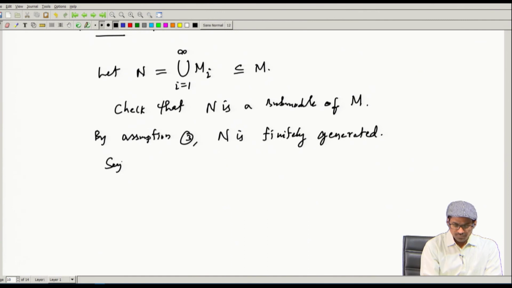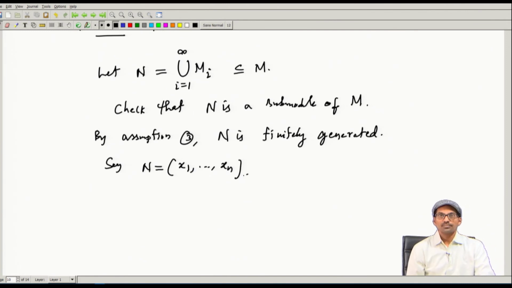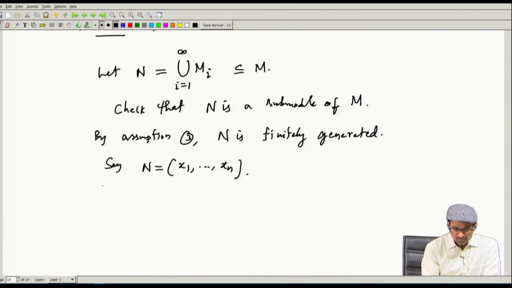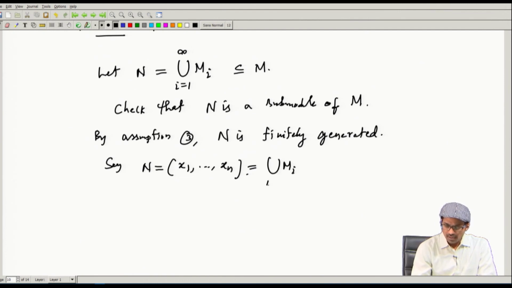Let us say N is generated by x1, x2 and so on, xn, for some xi's belonging to N. Now see, all these, N is of course equal to the union of Mi, i from 1 to infinity.